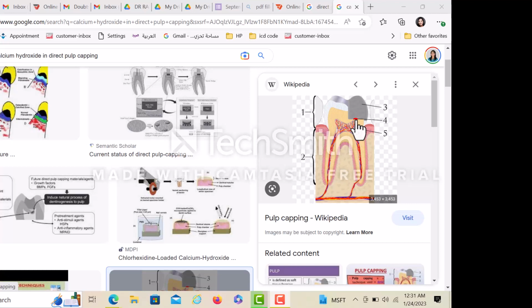So what you will end up with is internal resorption. Hence, calcium hydroxide is contraindicated as a material for direct pulp capping in the milk tooth, even for pulpotomies.